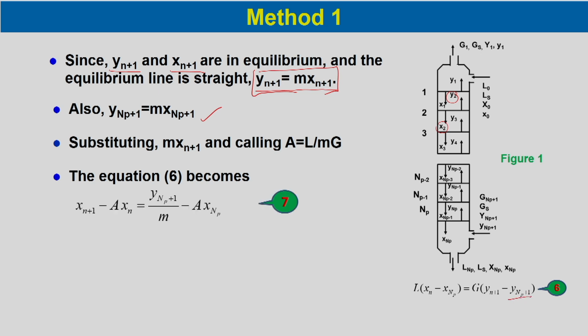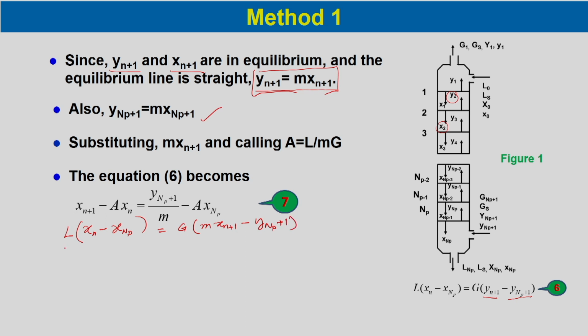This would become x n plus 1 minus A x n is equal to y n p plus 1 by m minus A x n p. Basically, if we substitute, the equation would be L times x n minus x n p equal to G times, and we substitute y n plus 1 as m x n plus 1, minus y n p plus 1.